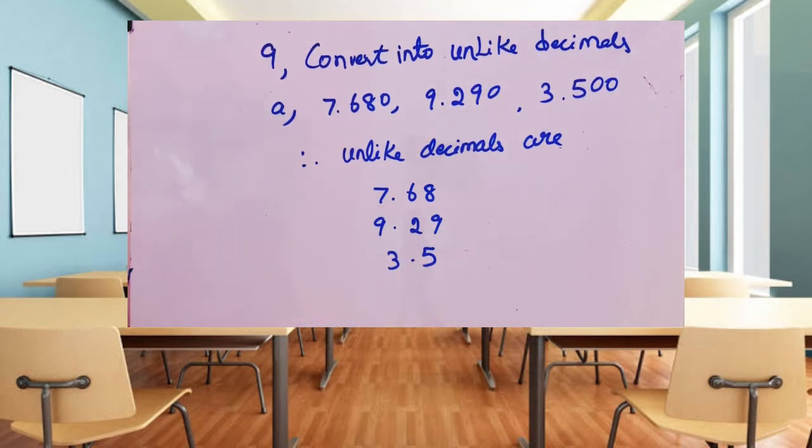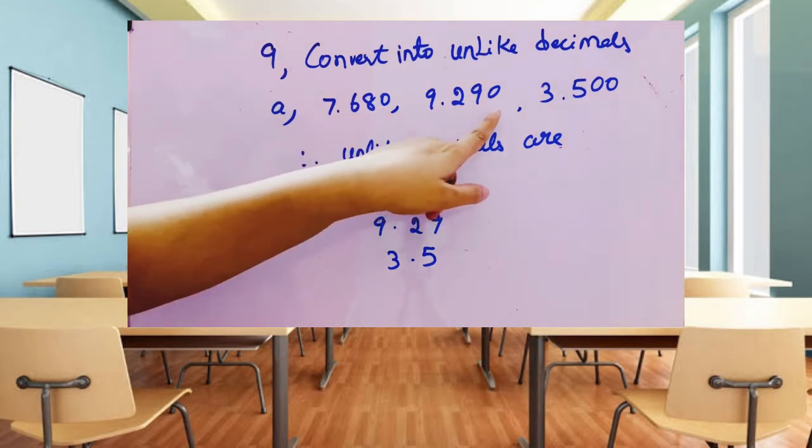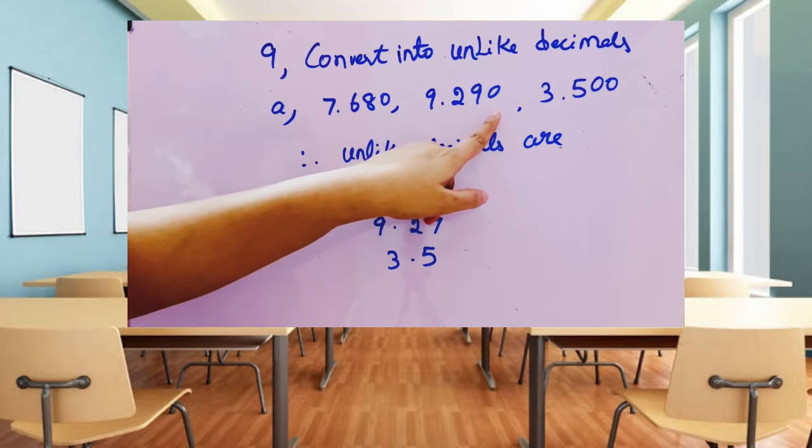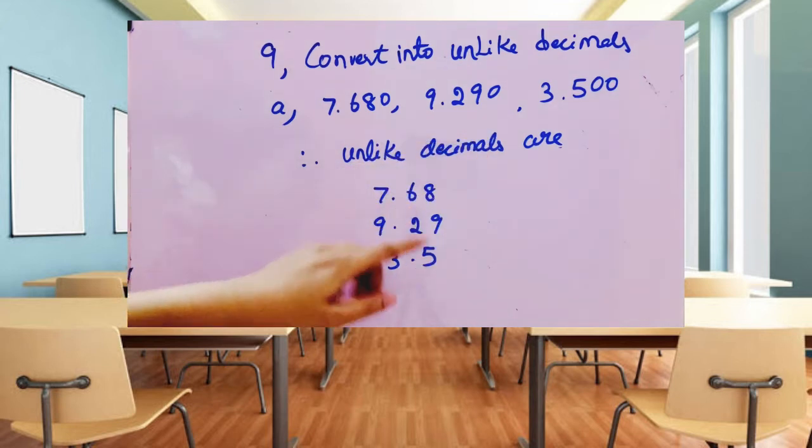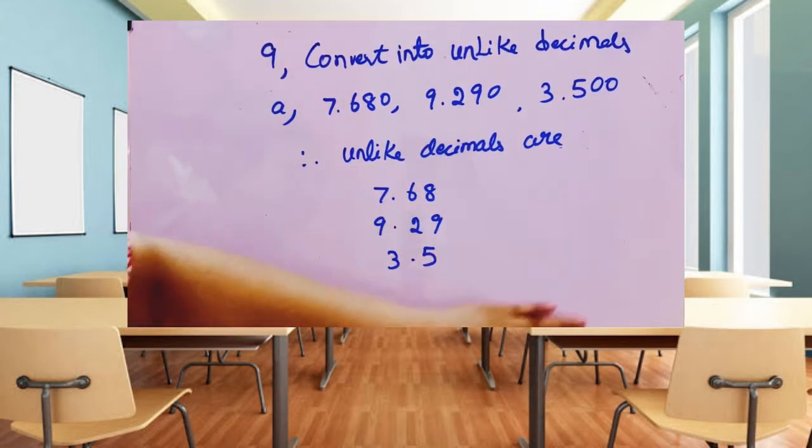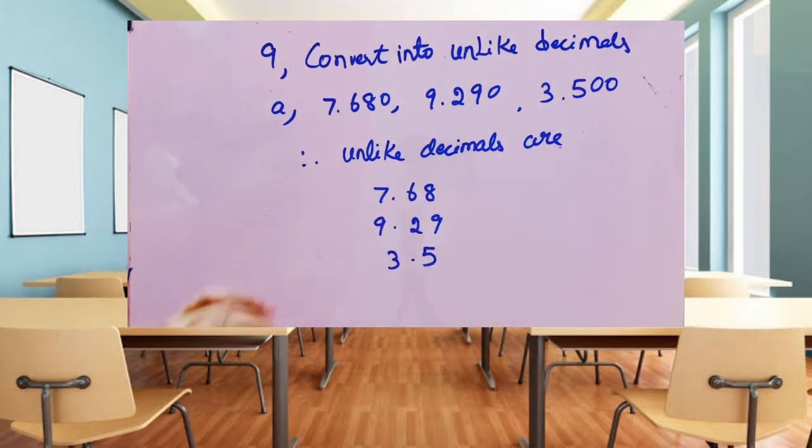Okay, we can just remove the 0 from the last. We can remove the 0 which is the last decimal, so that the value of the number is not changed, and now these numbers are converted into unlike decimals. Okay, now we can do the B sum.